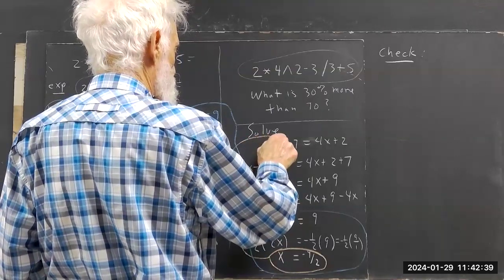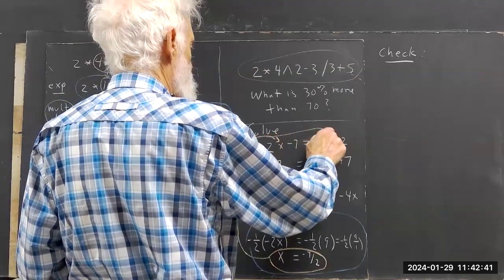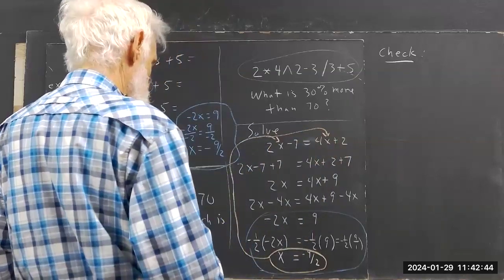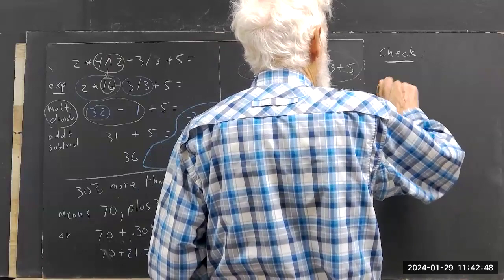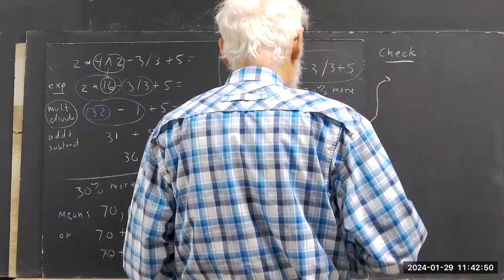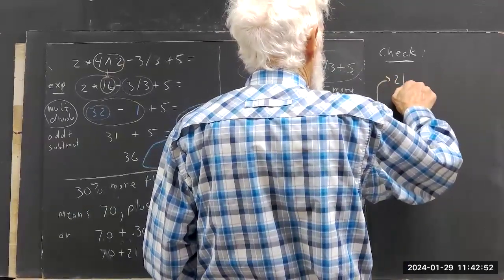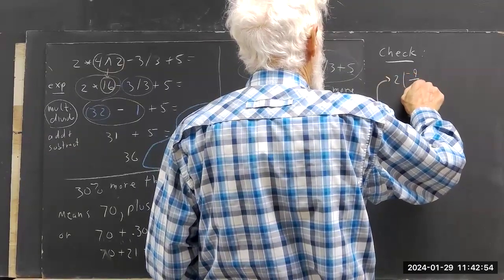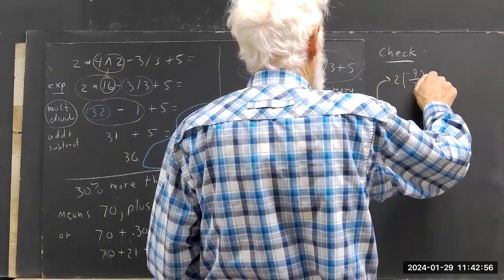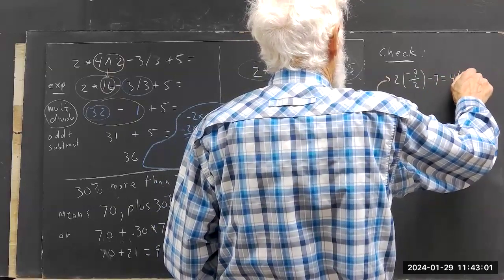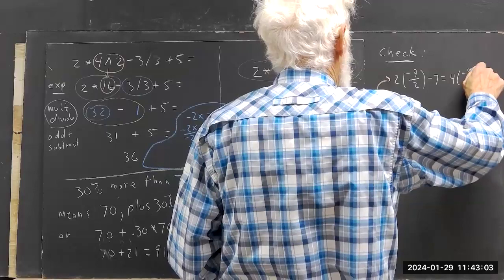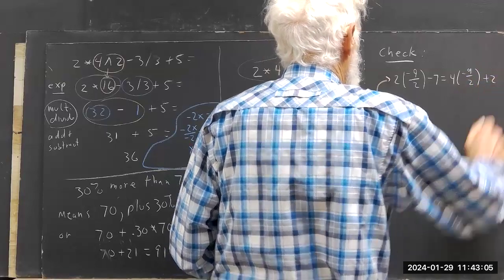Bring this up here and substitute for x everywhere I see an x. And what do I get? I get 2 times negative nine halves minus 7 equals 4 times negative nine halves plus 2.